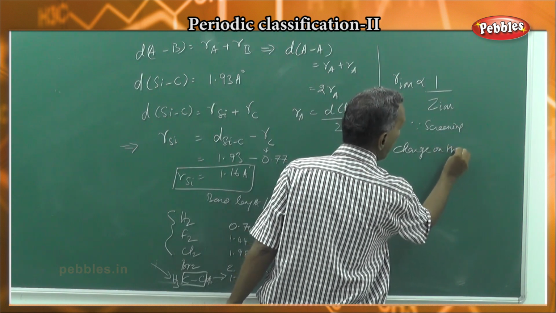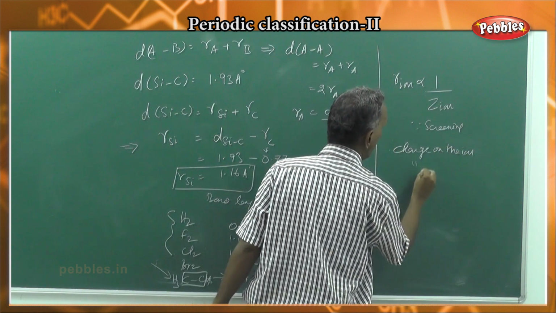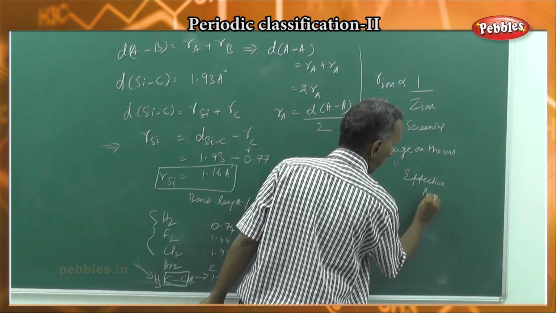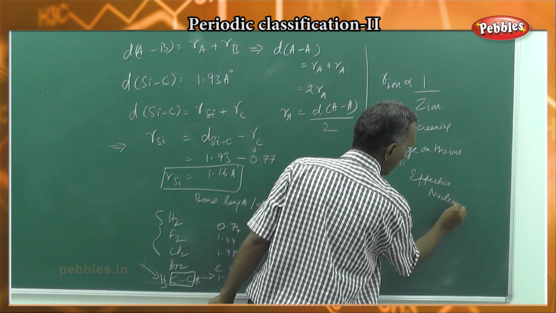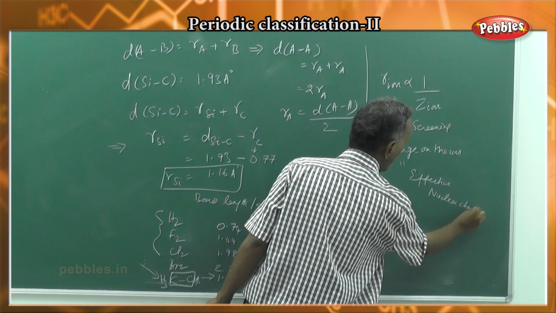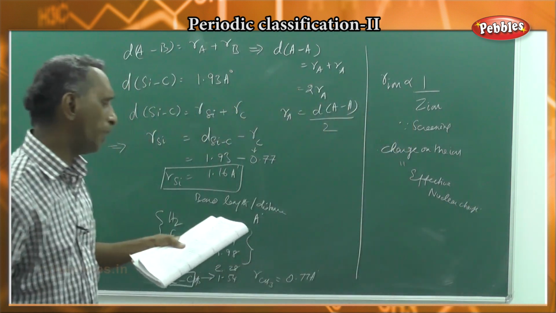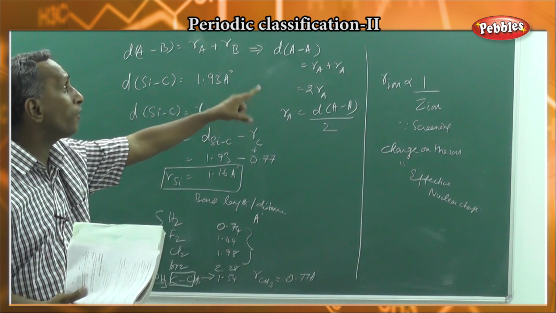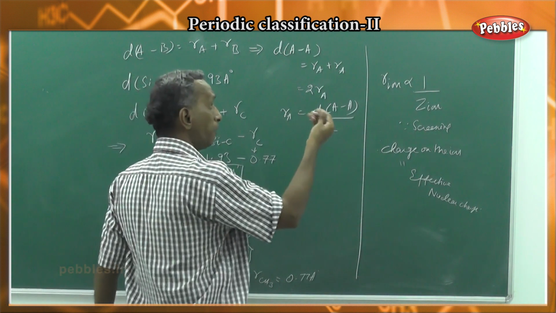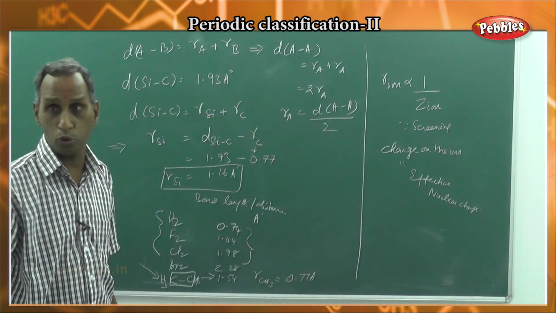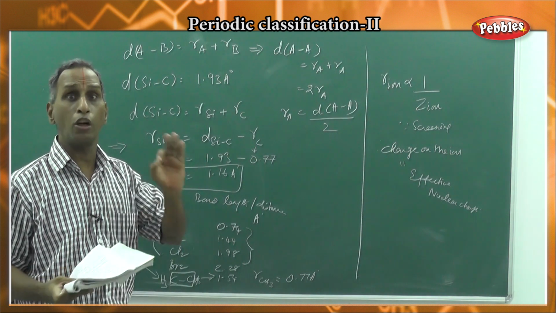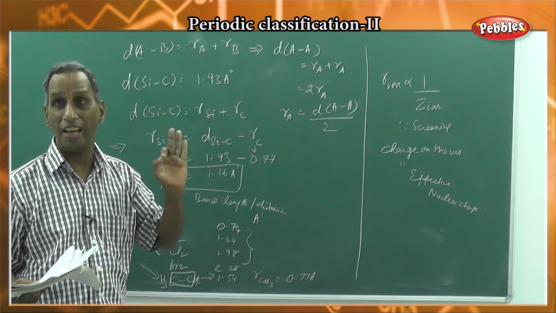For the charge on the ion, there is a term called effective nuclear charge. Effective nuclear charge is generally different from the charge on the ion. The charge on the ion can be plus 1, plus 2, minus 1, minus 2, integral values, but effective nuclear charge also takes into account fractional values.